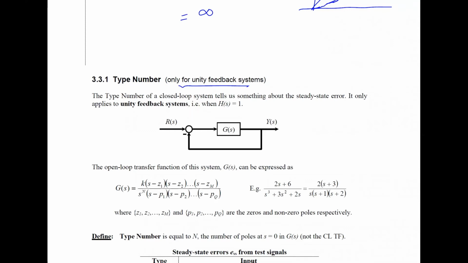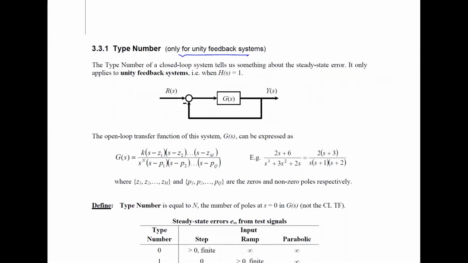Whatever I'm going to describe next can only be applied when the transfer function on the feedback side, H(s), is equal to 1. If you see any block with a transfer function not equal to 1, then whatever I'm describing here cannot be applied.